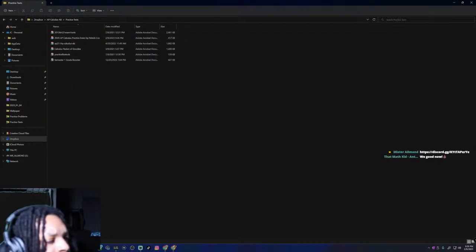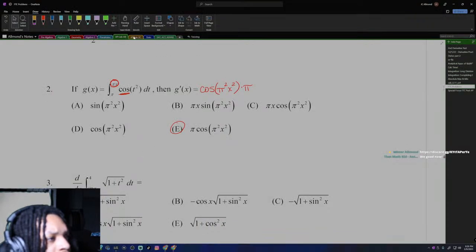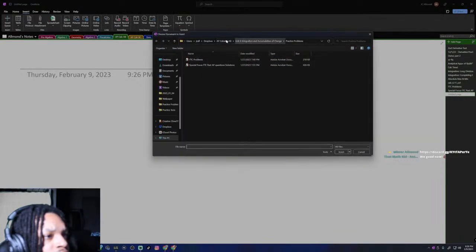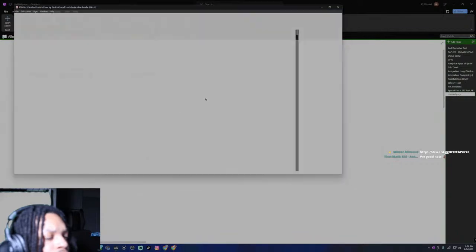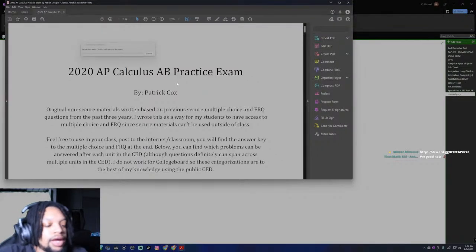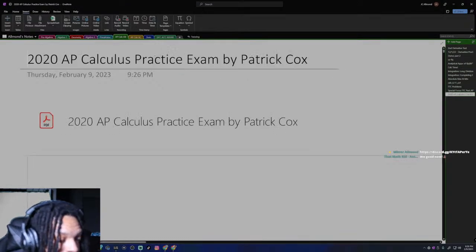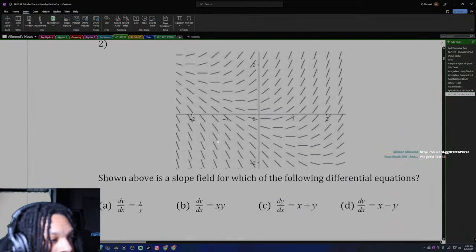Okay, bet. Now, here, I'm going to add a page, insert file. Patrick Cox. All right, bet. Now this file is pretty big, so it's going to take a second. But oh, I lied. Never mind. It's already here.